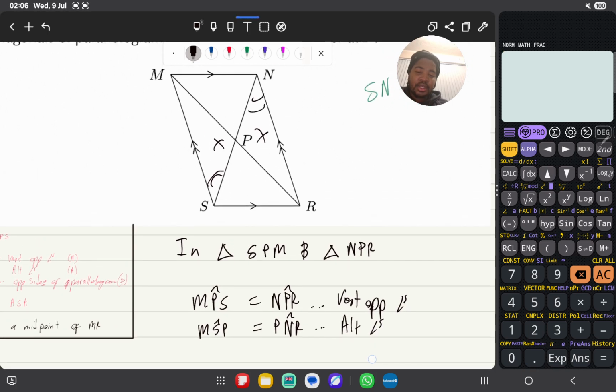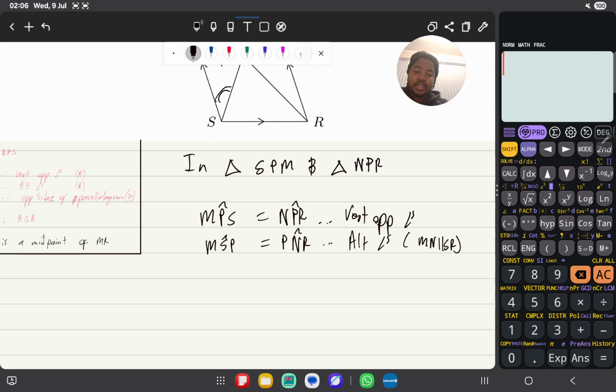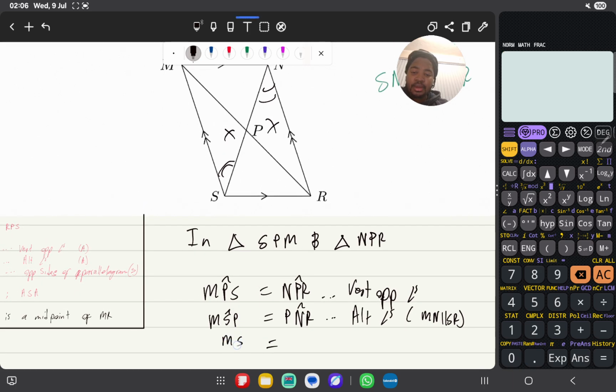You can also mention that they are alternating because MN is parallel to SR, right? That's very important. And then you're going to have MS being equal to NR, and these are opposite sides of, I'm just going to write the PAM for parallelogram, right?